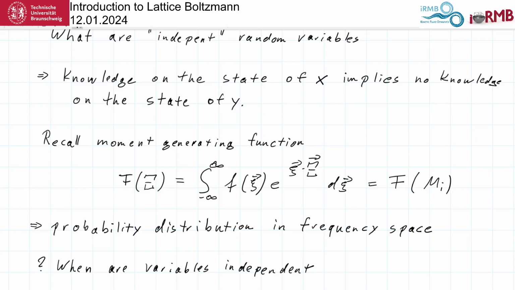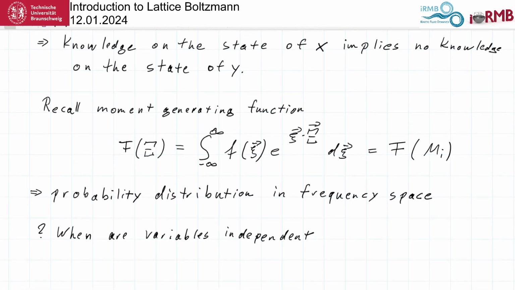That means that the distribution can be factorized. And this means there is no correlation between the two.